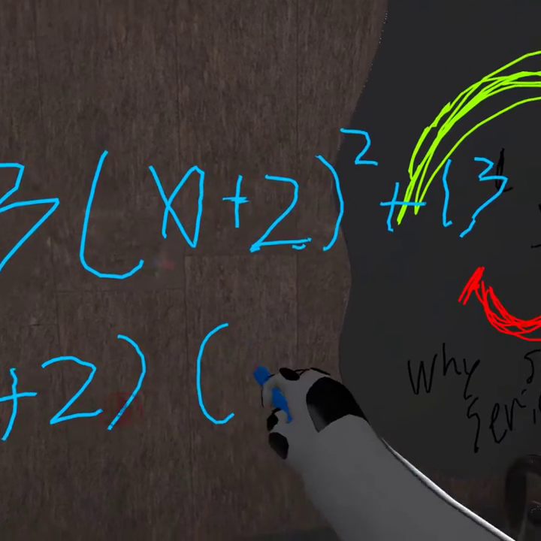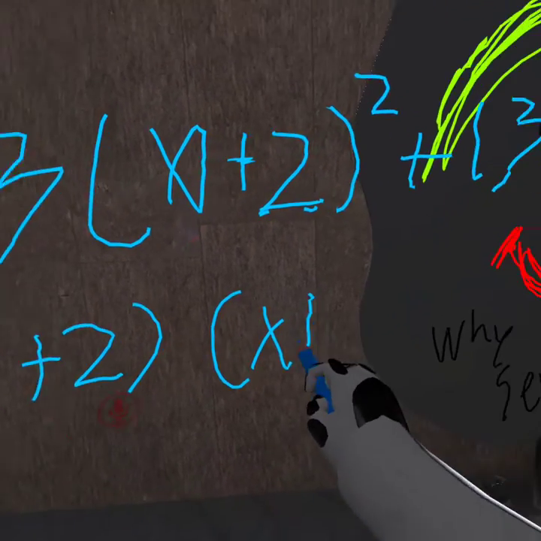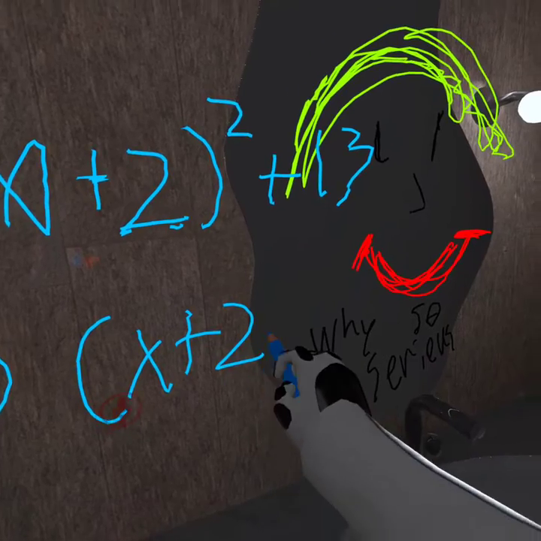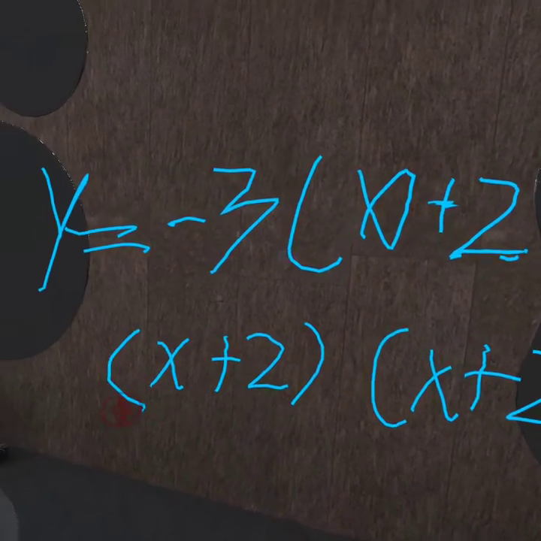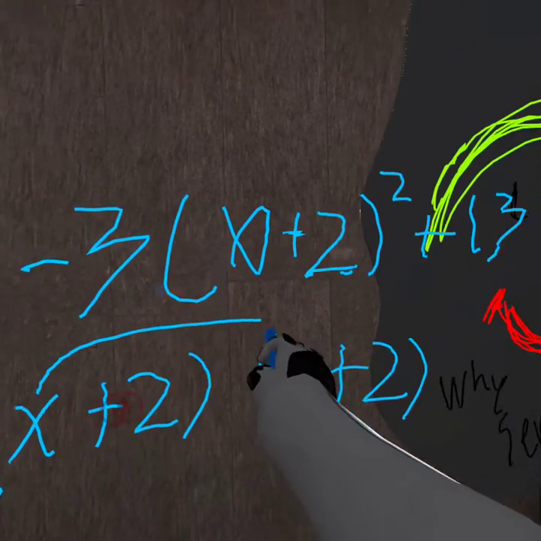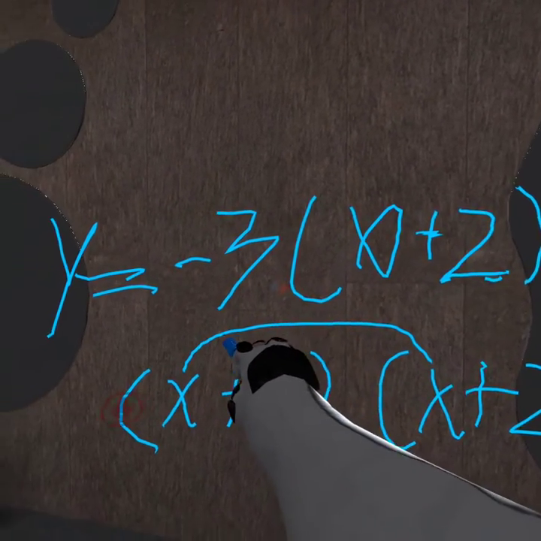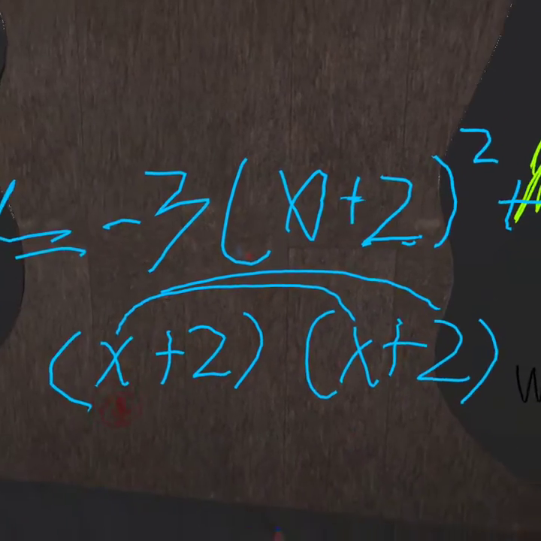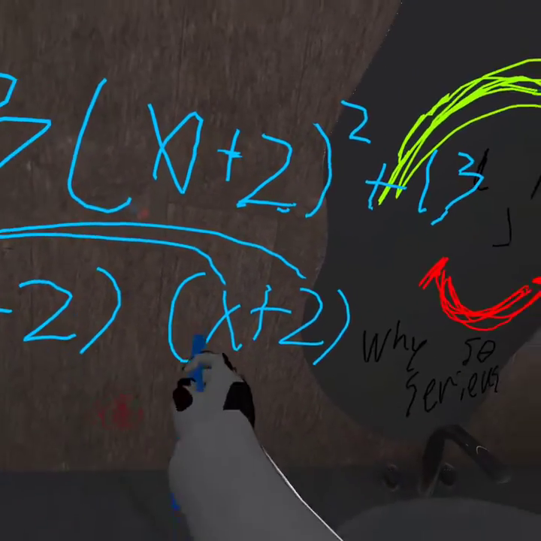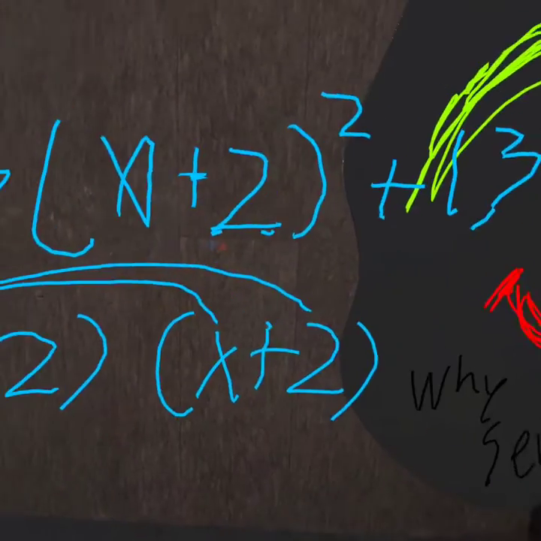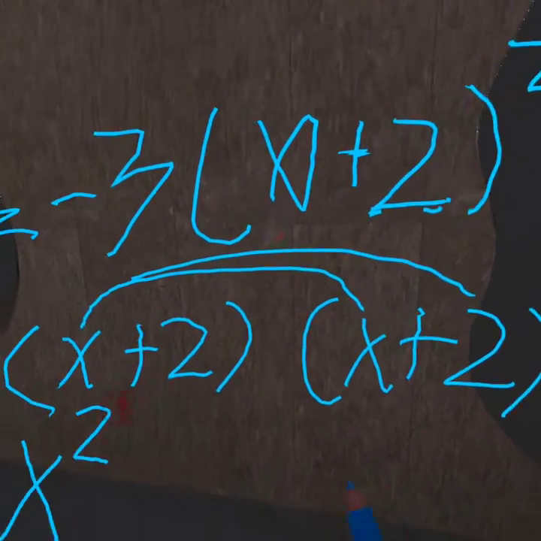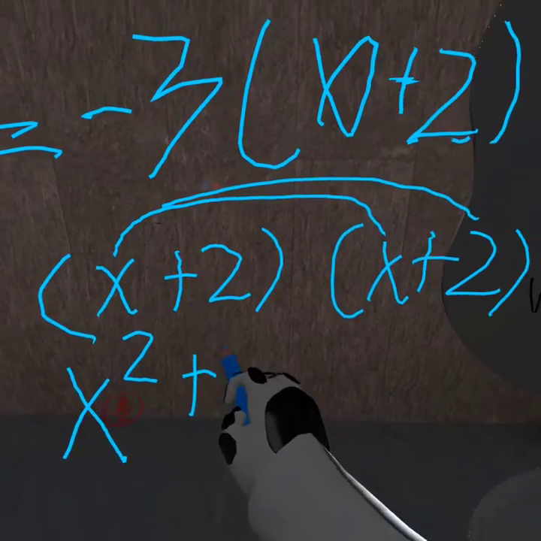And get another x plus 2. Alright, how do we multiply? So we take x and x and 2. What does that get you? X times x is equal to x squared. What is x times 2? That's 2x.